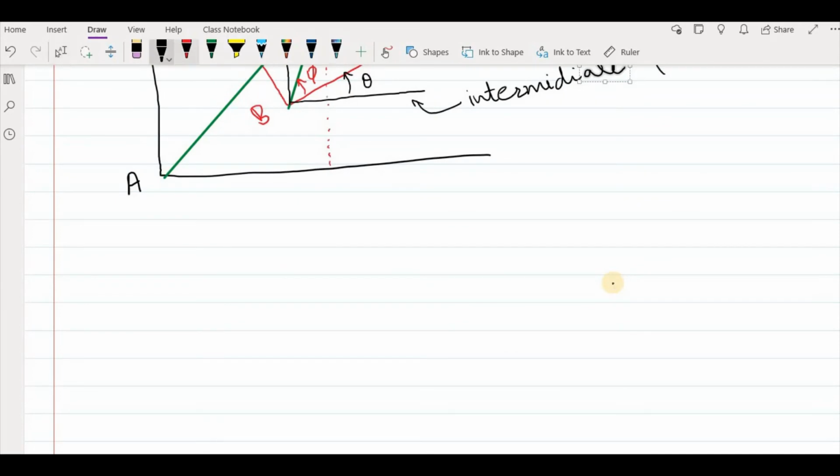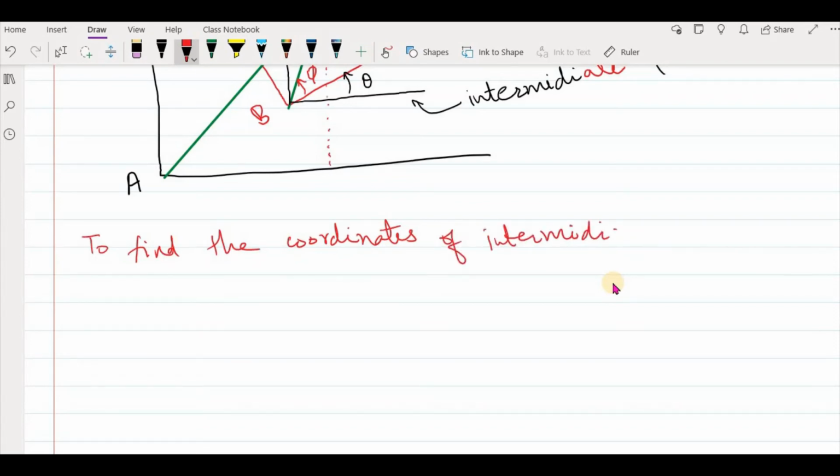From here we can now write, to find the coordinates of intermediate frame I, this is how we can do that.